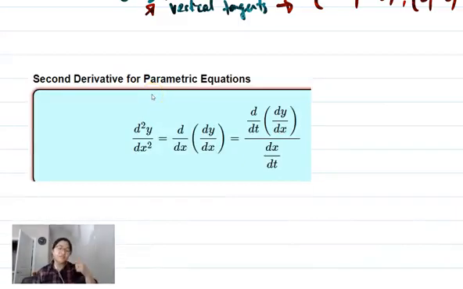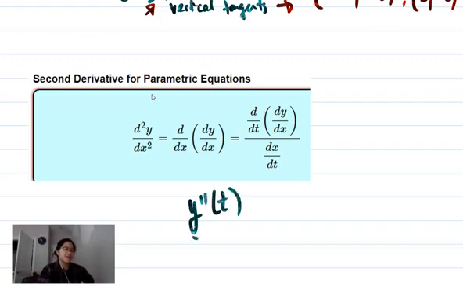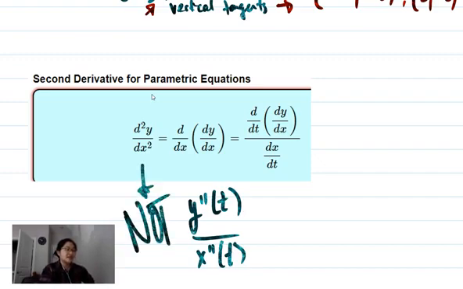When we're taking our second derivative, remember, the second derivative gives us a number for the concavity. Positive is concave up, negative is concave down. Our second derivative for our parametric equations is not going to be y double prime with respect to t over x double prime with respect to t. This is not what that is.